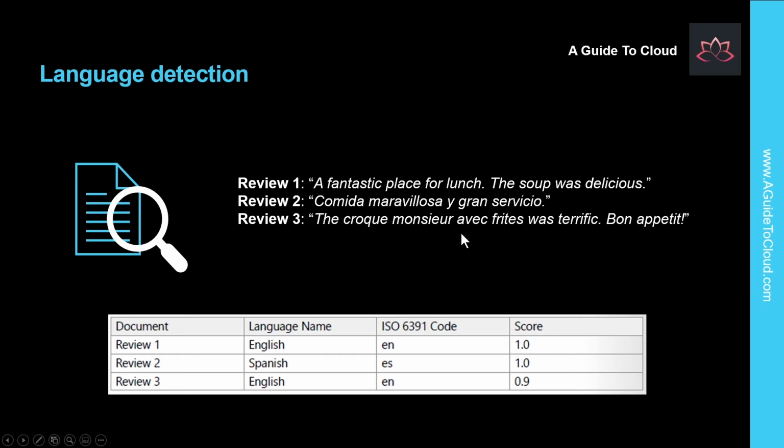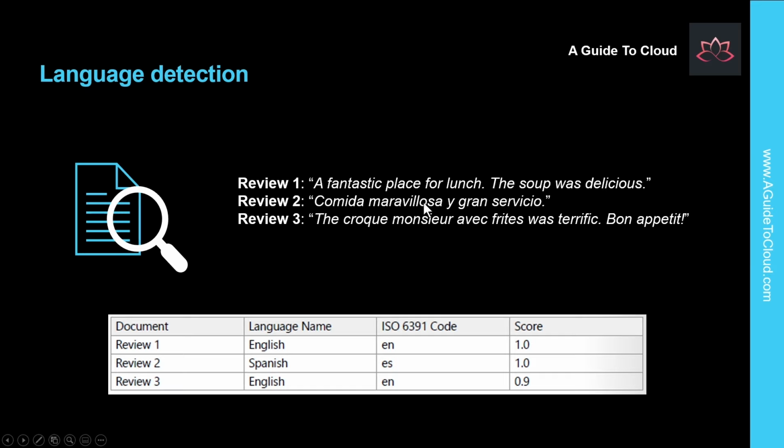For example, consider a scenario where you own and operate a restaurant where customers can complete surveys and provide feedback on the food, the service, staff, and so on. Suppose you have received the following reviews from customers. The first reviewer says that it's a fantastic place for lunch and the soup was delicious. The second statement is one I can't even read because I don't understand Spanish.